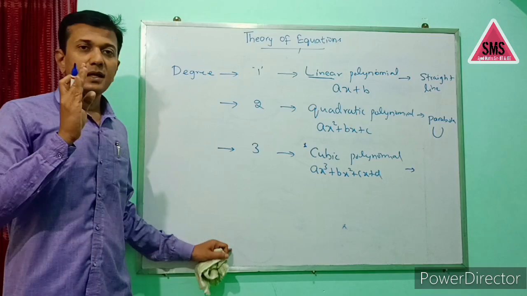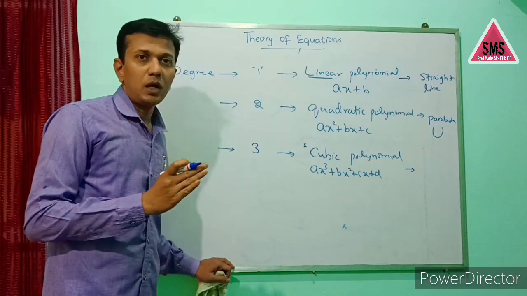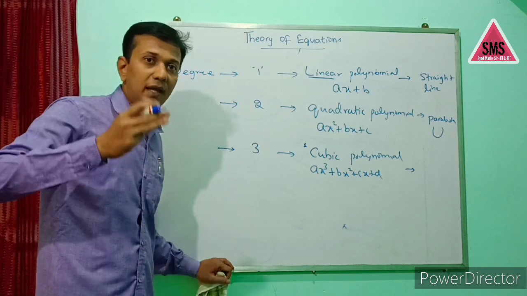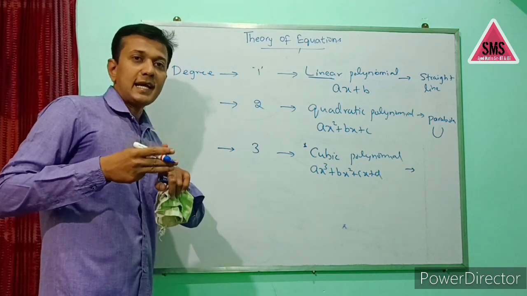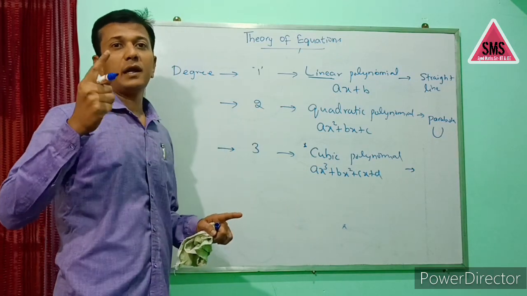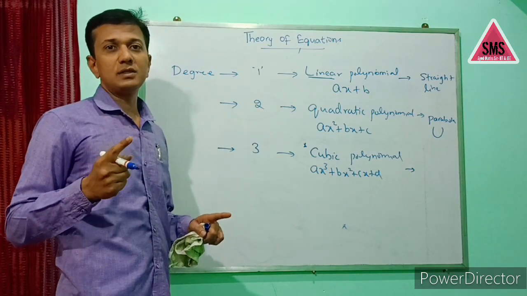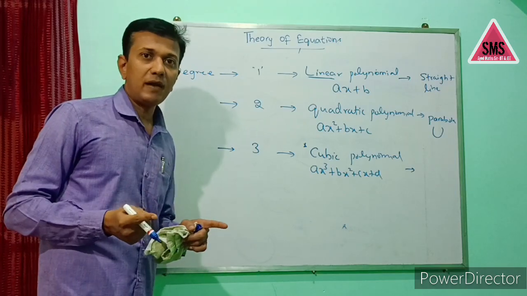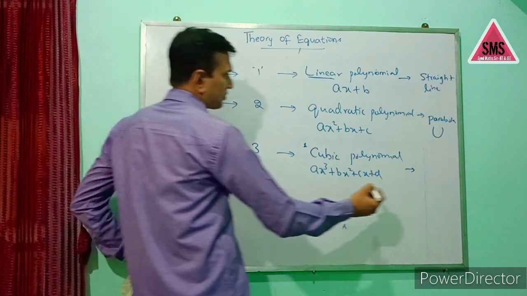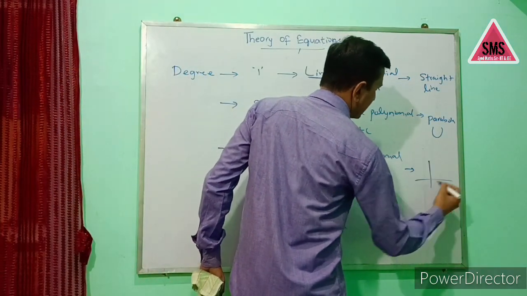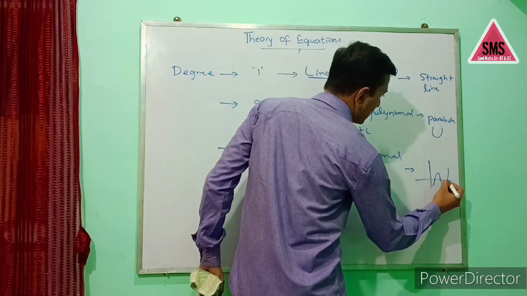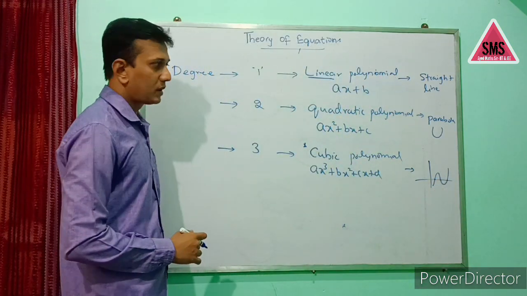For the x-axis to intersect with this curve, we should have real values of x. If we don't have real values, we cannot decide the values. Supposing that this is the curve, it is touching the x-axis at 3 different points.